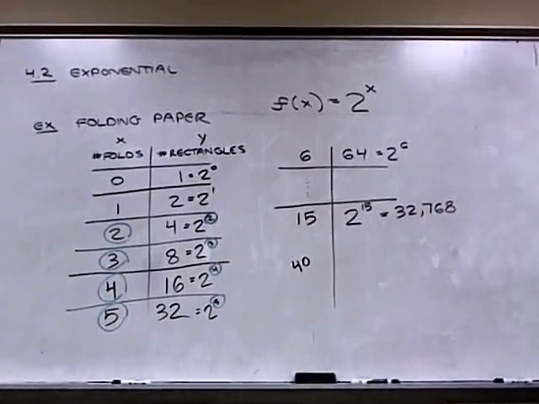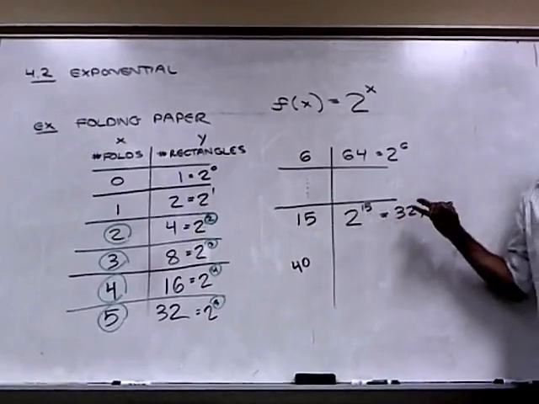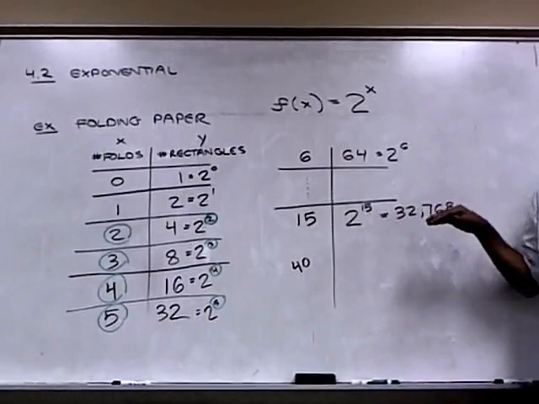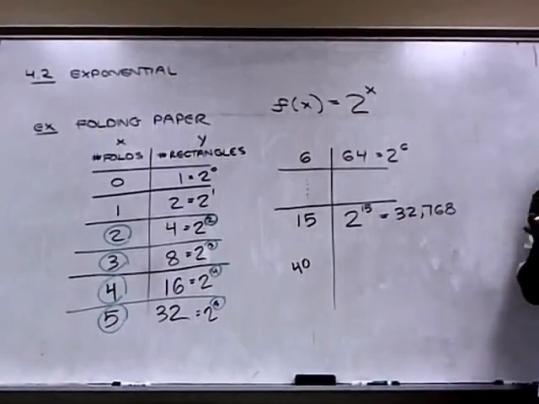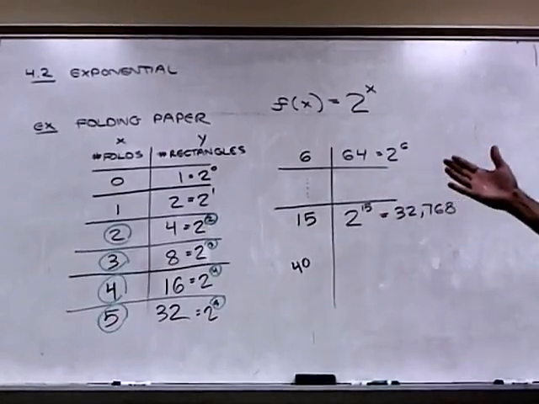Does anyone have their calculator with them right now and is trying this but can't get it? Because I can come around real quick and help you. If you know how to do it and your neighbor's sitting there going, oh no, maybe you can help them. Everyone got it?